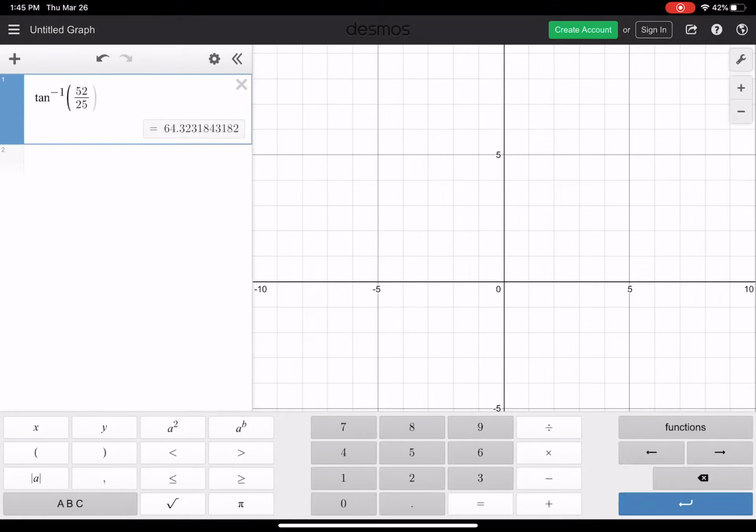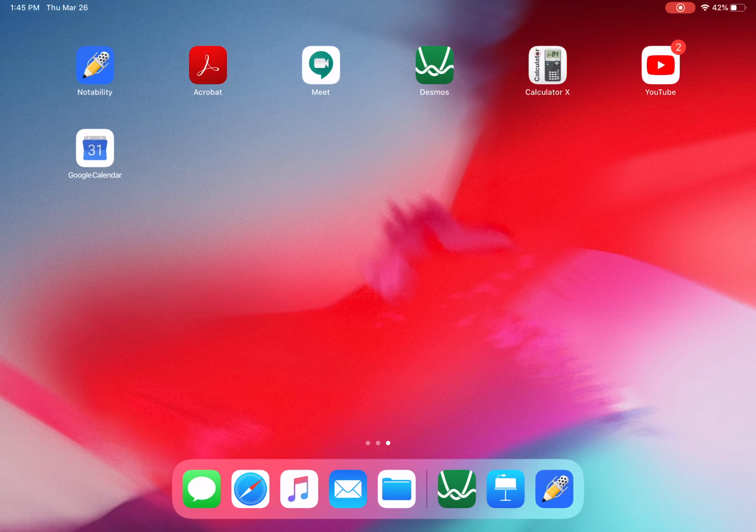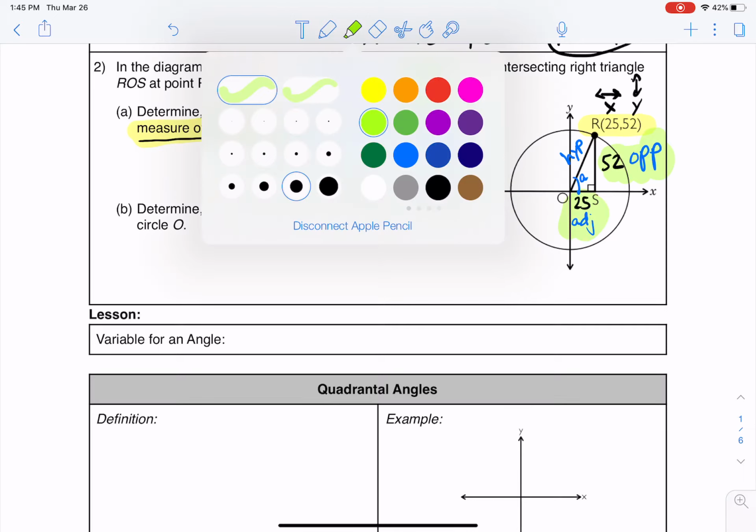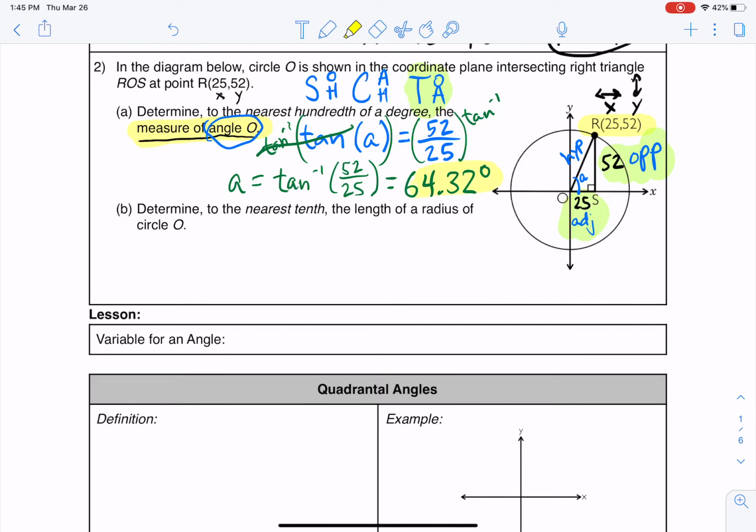All right, and from there I get 64.32, rounded to the nearest hundredth. Sorry, that's not a side length, that is my angle. So 64.32 degrees. So that's the measure of angle A.